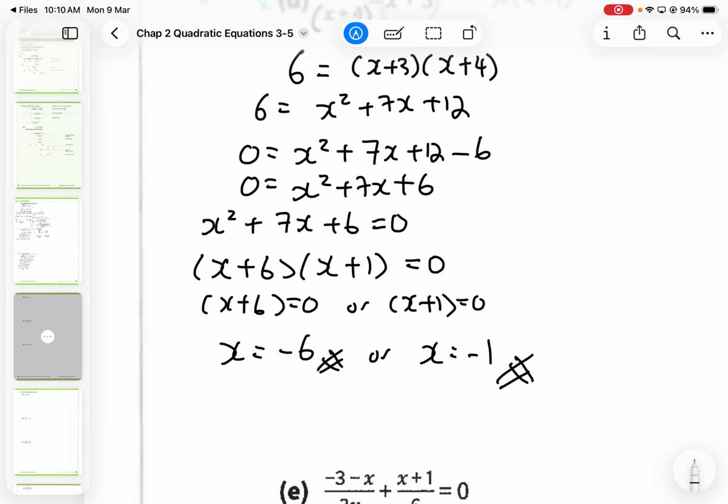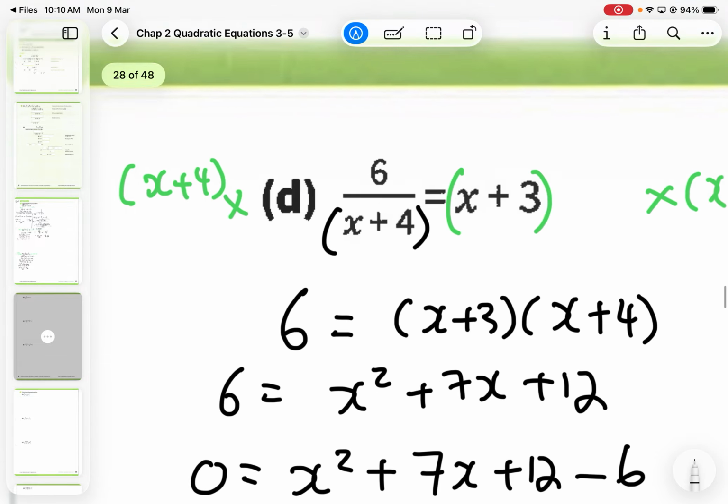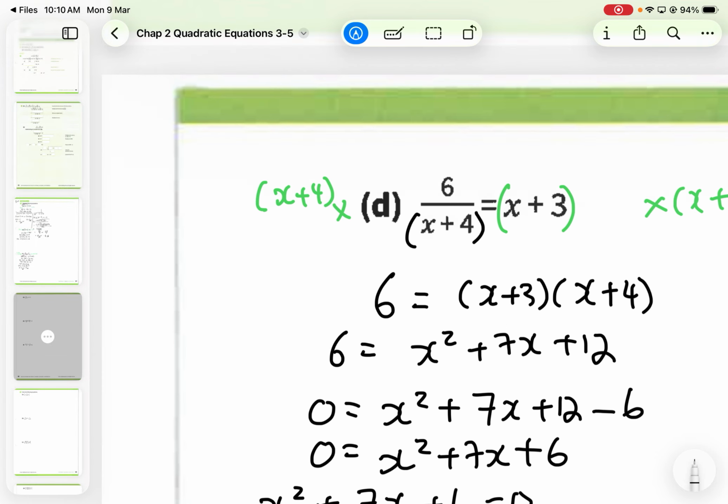I finished already. You got follow or not? You got listen or not? You know why when I multiply over, my x plus 3 is inside a bracket or not? Because you never listen. I want to multiply the denominator, that's why I multiply x plus 4. The same bracket, I want to cancel it.